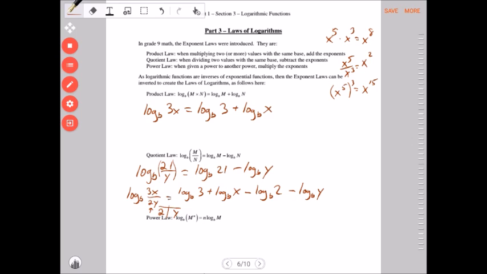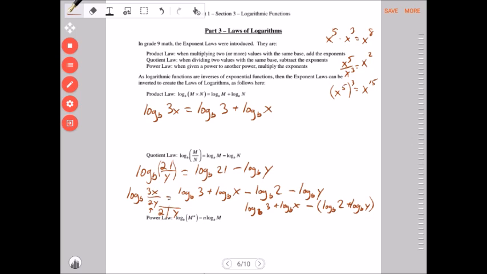That's a little bit trickier. The reason they're both subtracted is because they're both on the bottom. Now they are multiplying each other, so I could write it like this: log base b of 3 plus log base b of x, minus, and then I can put them in brackets, log base b of 2 plus log base b of y.